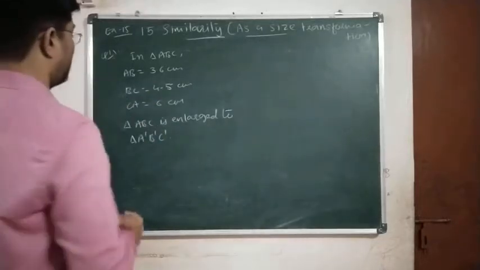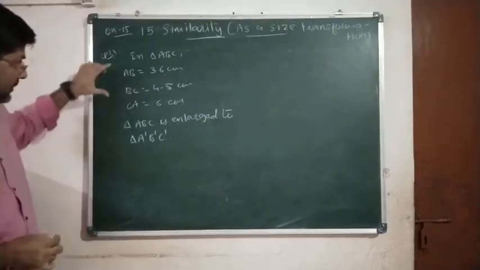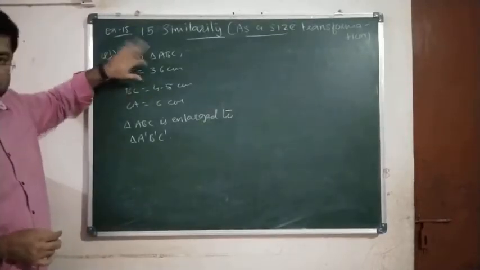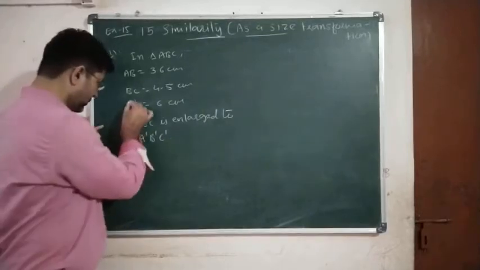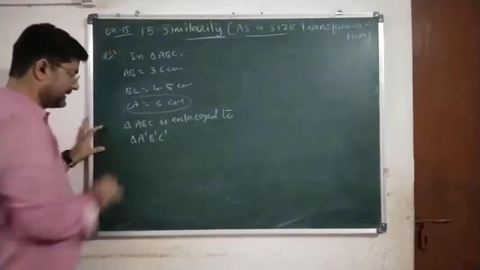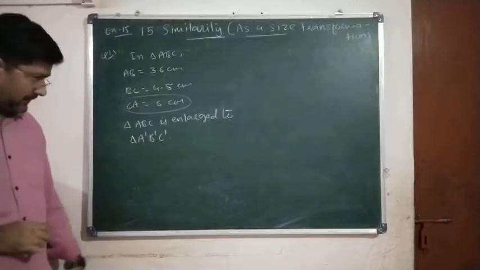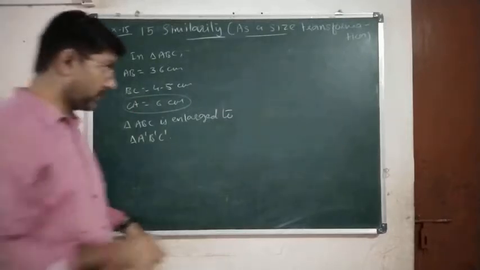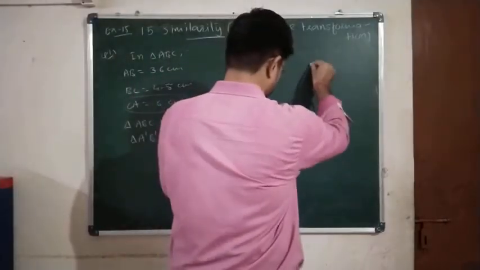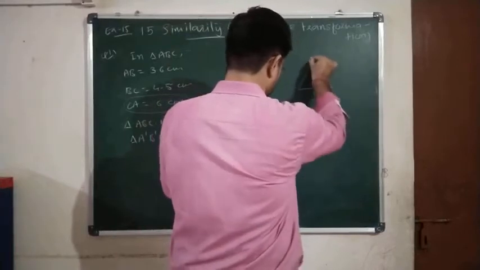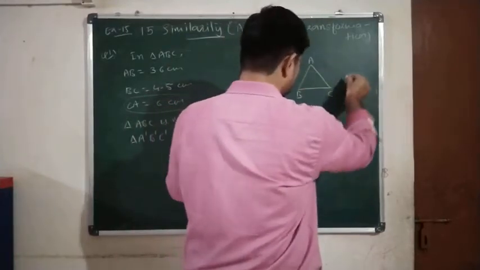So what will be the largest side? Look at the original figure. Original figure is triangle ABC. So here the largest side is CA because CA has 6 centimeter. Let us try to understand with the help of diagram ABC.